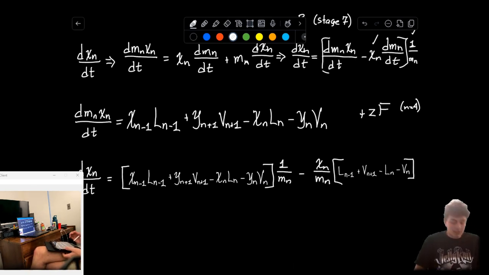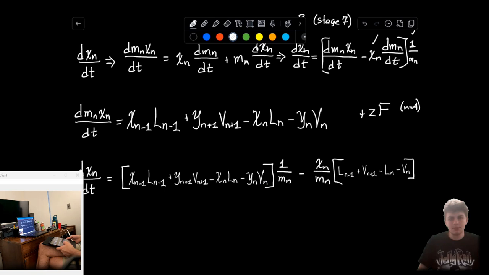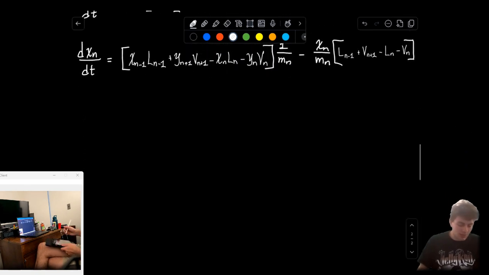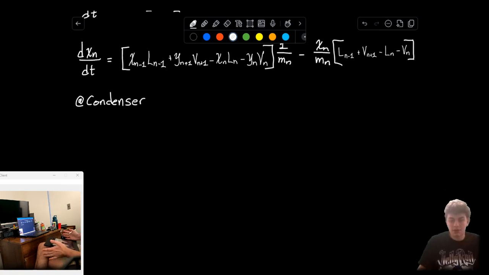Now, at steady state, there are a couple of corrections we can make for our condenser and reboiler stage as well, right? So I'm going to go ahead and write those now, so when I code them, I can just get rid of this. So at the condenser, like I said, we're taking off a specific piece of that component.